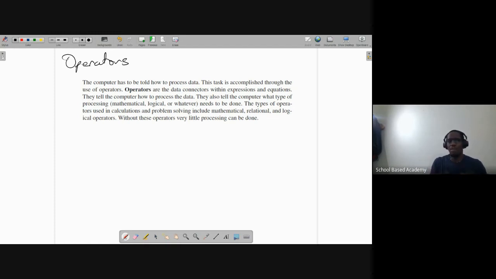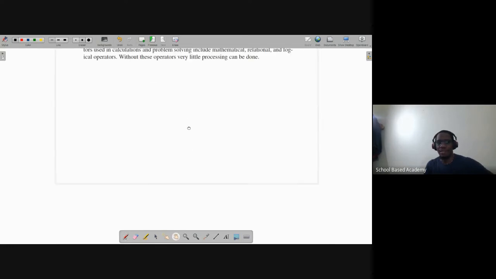We use operators in conjunction with variables and values of different data types. The first set of operators that we look at are going to be mathematical operators.